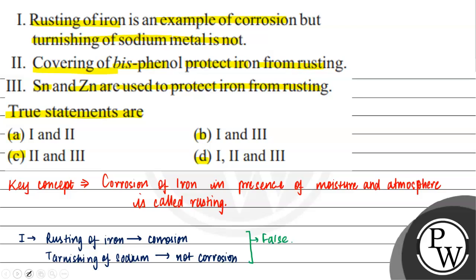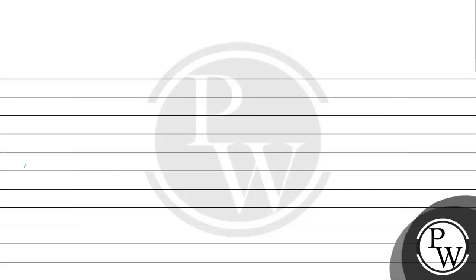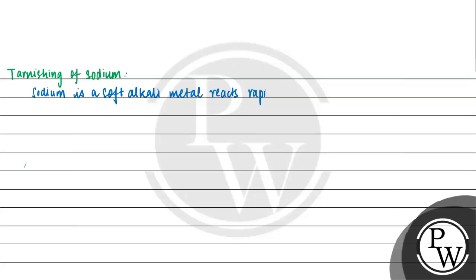Let us look at what is tarnishing of sodium. Tarnishing of sodium होता है when sodium metal, we know that sodium is a soft alkali metal that reacts rapidly with the water and oxygen in air.